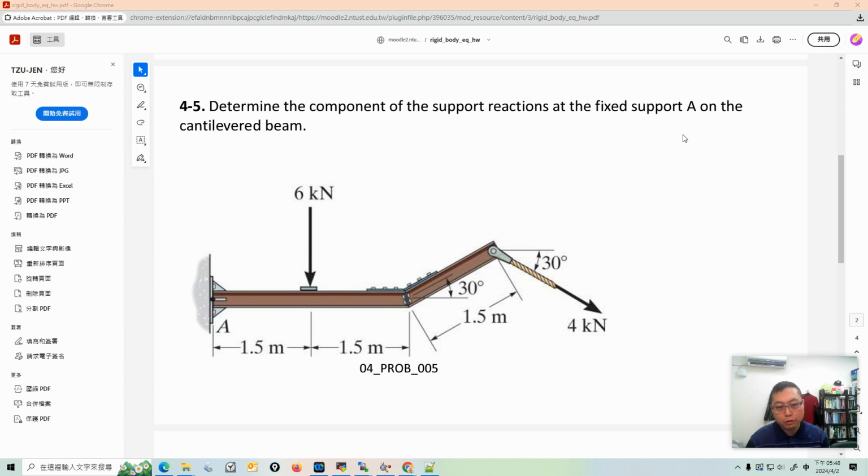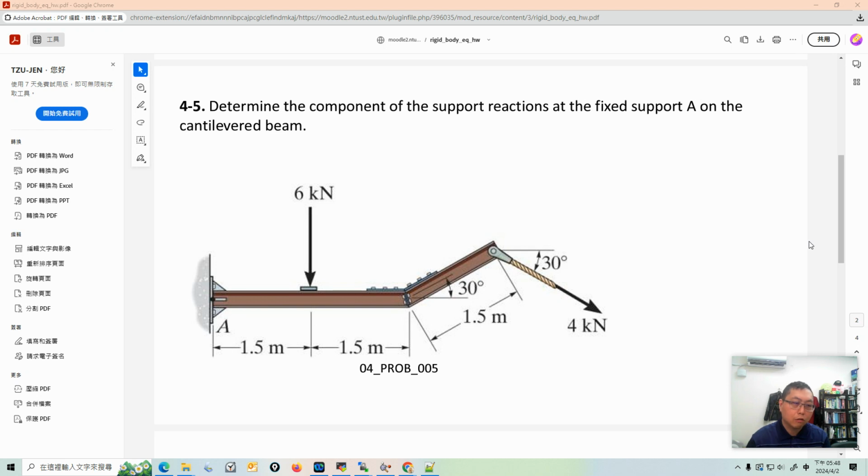We use rigid body equilibrium, and it's 2D, so we only have three equations: sigma Fx, sigma Fy, and the total moment of the system. Let's start, because in mechanics of materials everything is static.